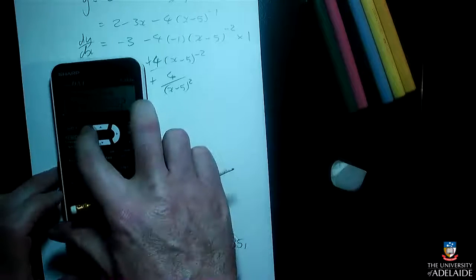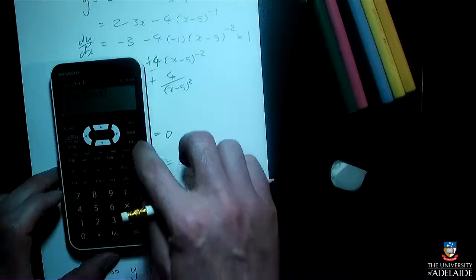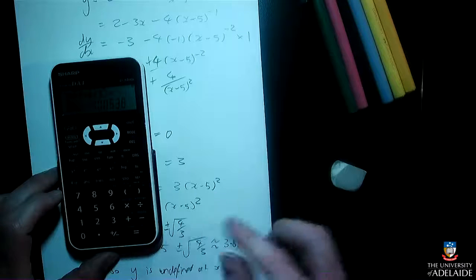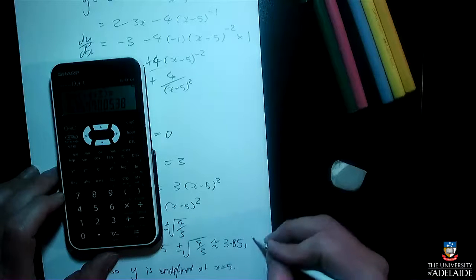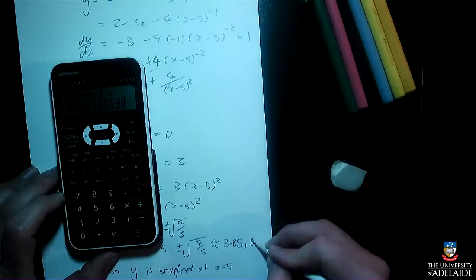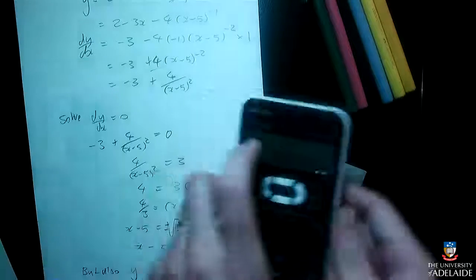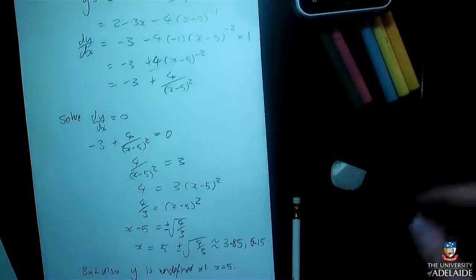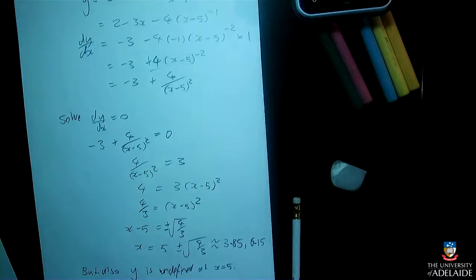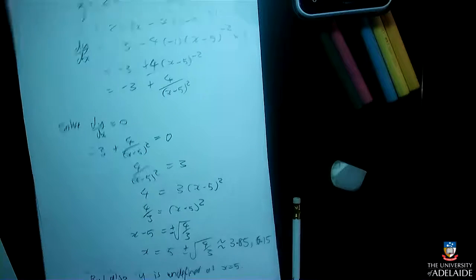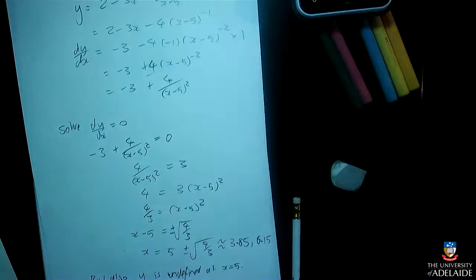And 5 plus the square root of 4 divided by 3 is 6.15-ish. Okay. So that's given me 3 points that I need to be interested in when I draw my sign diagram.